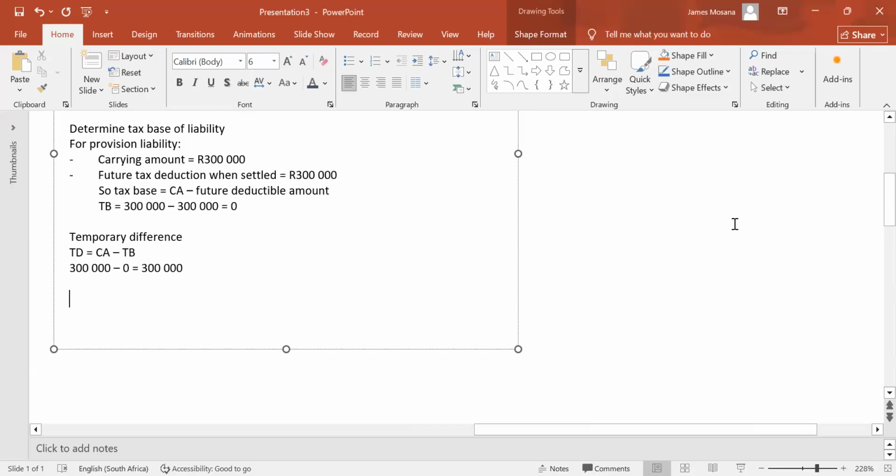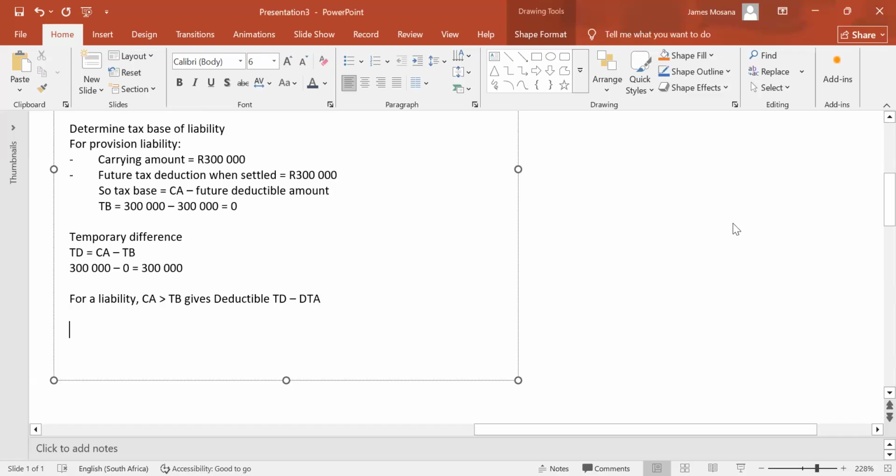Since we are dealing with a liability, the carrying amount is greater than the tax base, which gives us a deductible temporary difference, therefore resulting in a deferred tax asset.